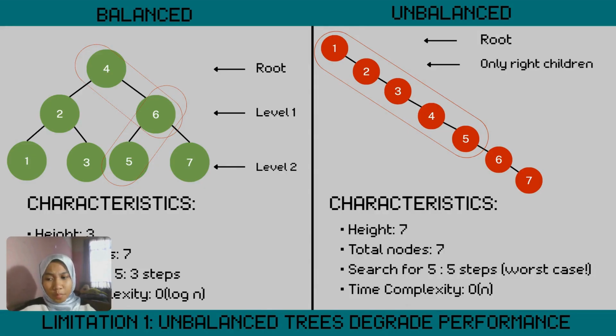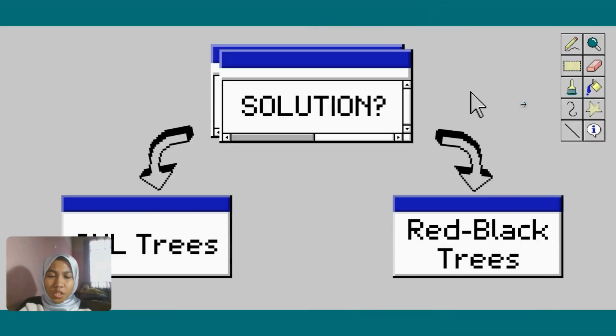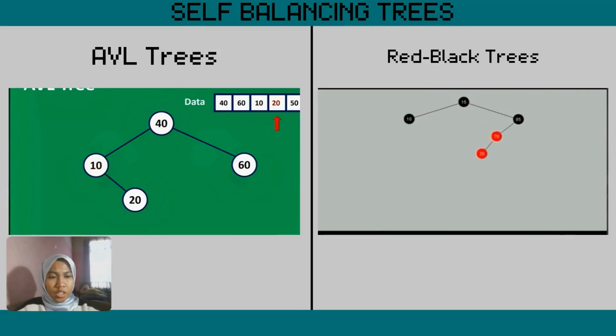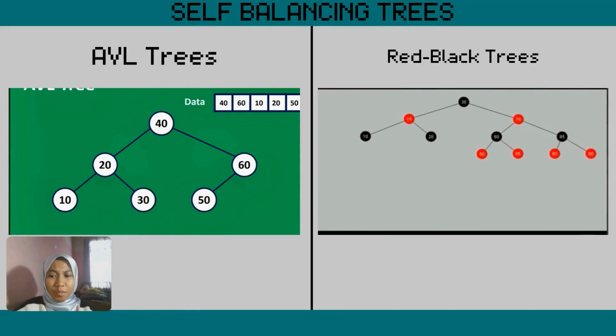So if you ask me, is there any solution to this limitation? My answer is yes. For binary search tree, we use a self-balancing tree, which is AVL trees and also red-black trees. After every insertion or deletion, these trees automatically rebalance themselves using rotations, so they never become skewed.